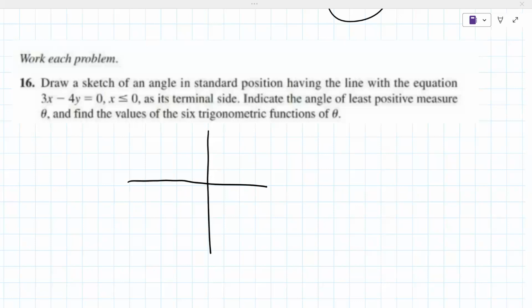How would I solve this? So one of the things you do is solve for y. That's sort of a hint.